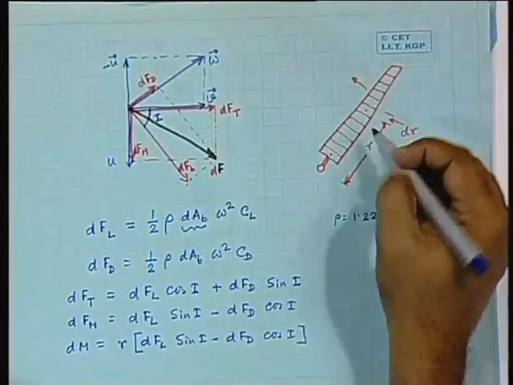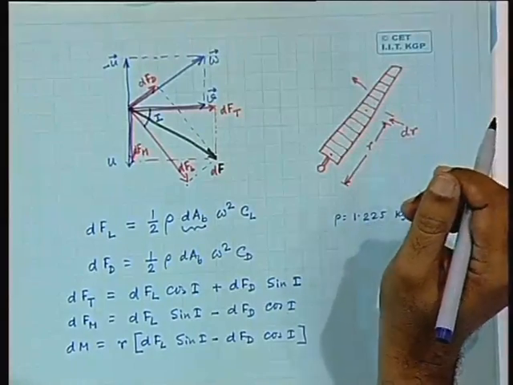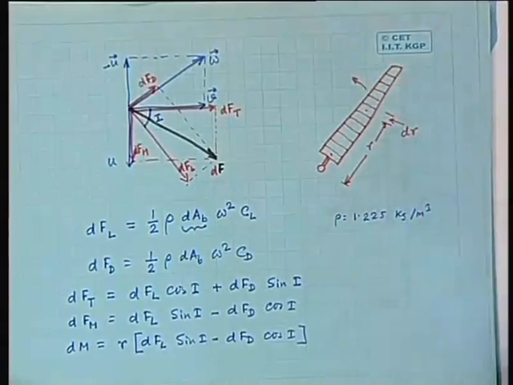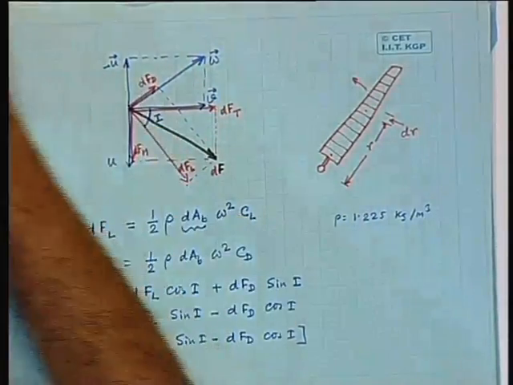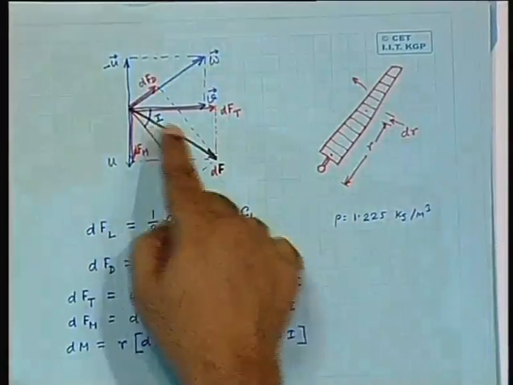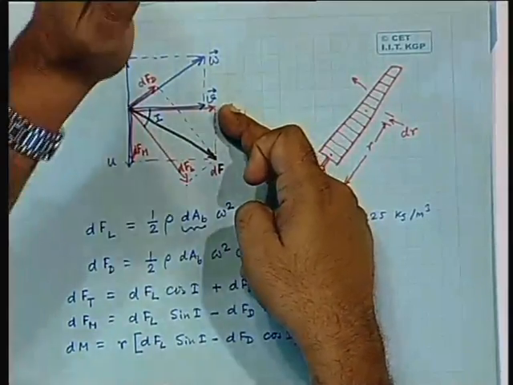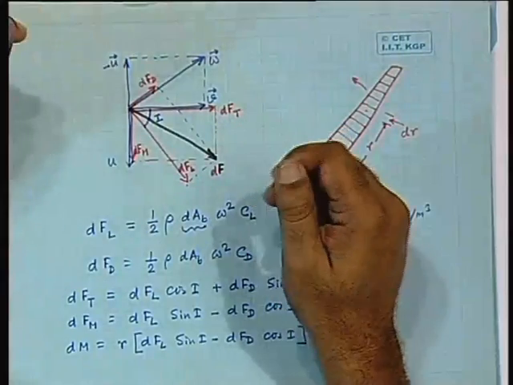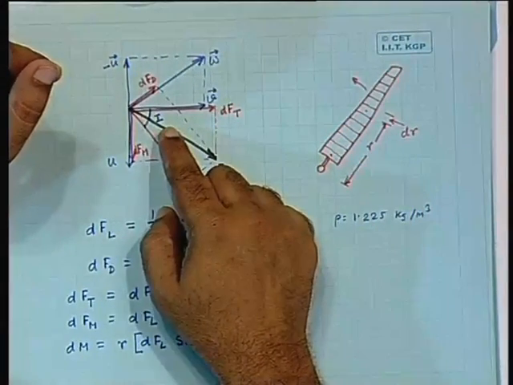It is clear that for each blade element, the angle of attack will be different. The capital I that you have drawn here is the angle between the lift force and the wind velocity. This is not the angle of attack though. Why?